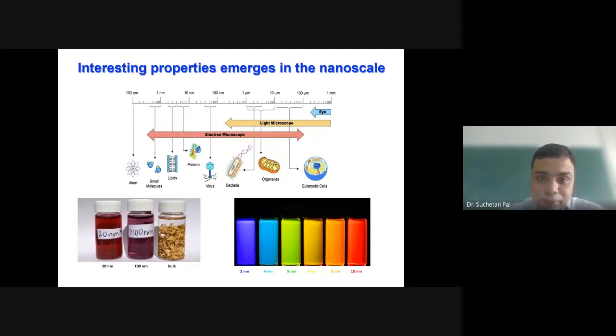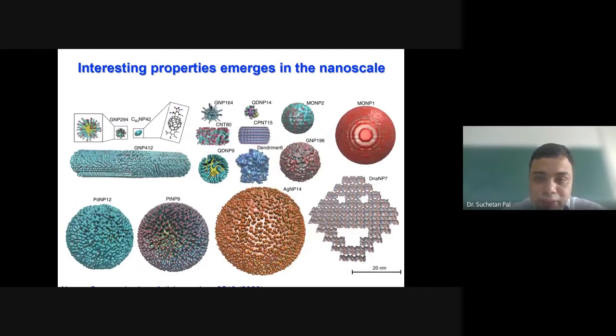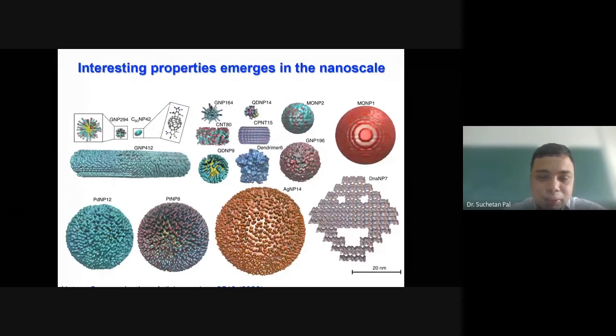So over the years, people have generated a lot of nanomaterials, and whatever bulk material you have, you can almost generate the corresponding nanomaterial with different size, shapes, as well as surface properties. Here you see there is a lot of pictures. All of them fall below 20 nanometers.